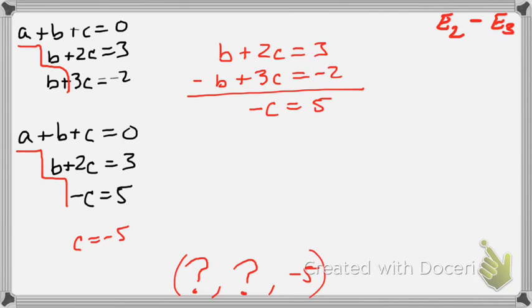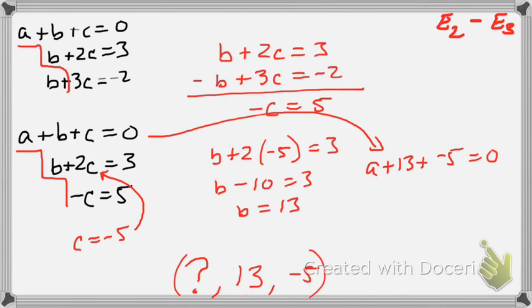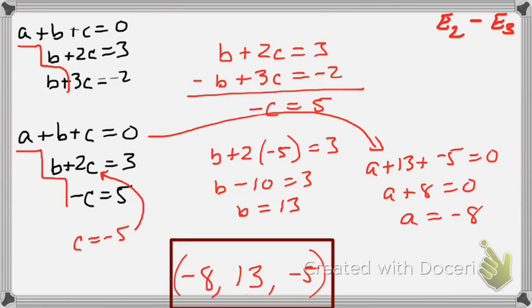If I put negative 5 into the second equation, I get B plus, or B minus 10 equals 3. Add the 10 to the other side, and so then B equals 13. If I put both of those into the top equation, I get, so there's your answer, negative 8, 13, negative 5.